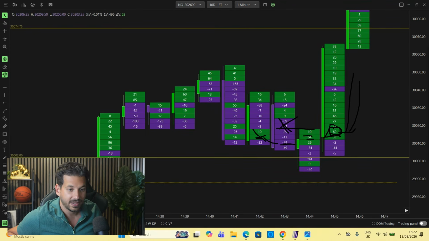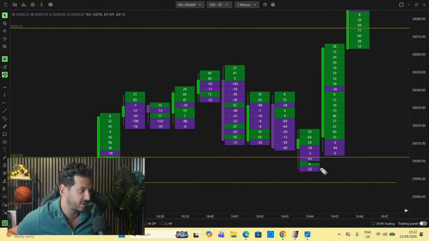Okay. Now you might be asking, what about these sellers here, the 65? Why don't we jump in there? Probably not fresh sellers, and I'll tell you why. Because again, we don't know who those sellers are, right? We're in unexplored territory. This area here hasn't been traded in the last few minutes, right?